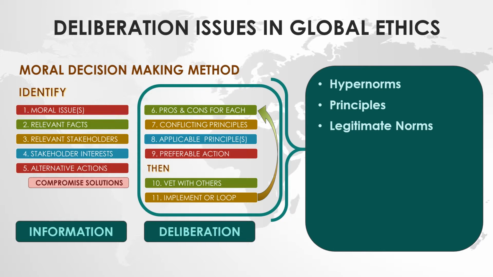This is our preferable action because it is more in line with the hypernorms in this current situation. So, we have the moral foundation for our deliberation in global moral decision-making. We must identify the hypernorms, the conflicting moral principles, and the legitimate norms that are applicable to our situation.